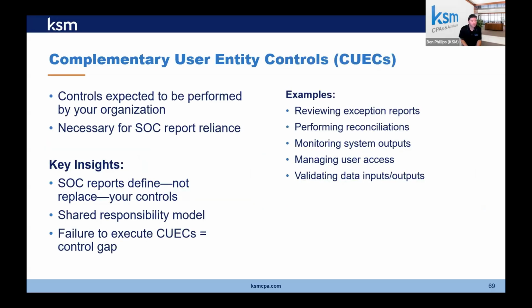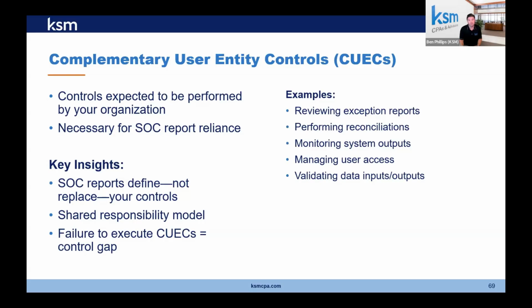All right, complementary user entity controls, or CUECs. So this may be the most overlooked concept in SOC reporting. CUECs are controls that the vendor or the service organization expects the recipient of the SOC report, or the user of the system, to perform.